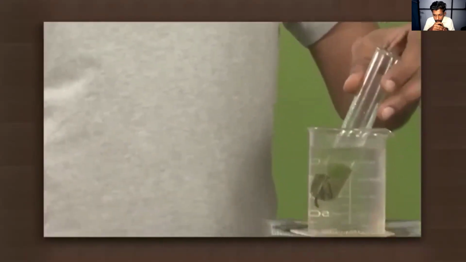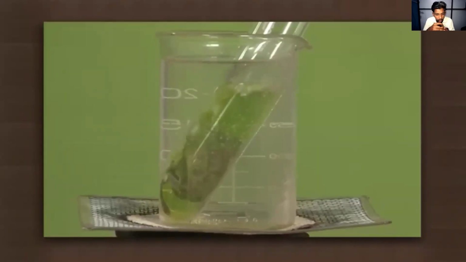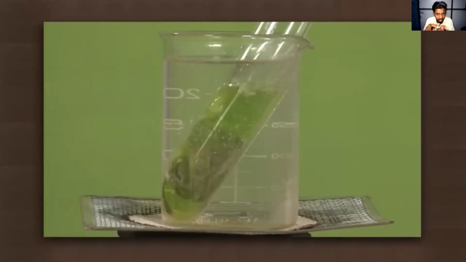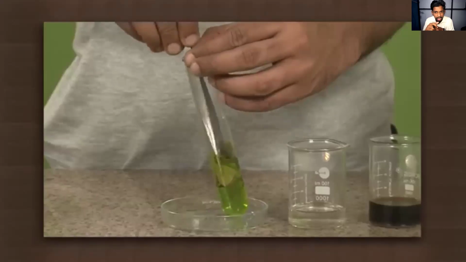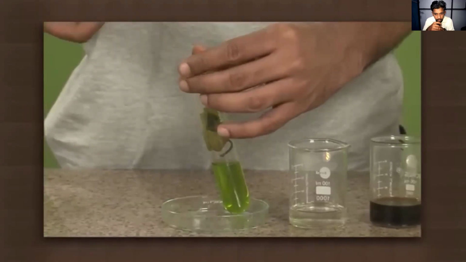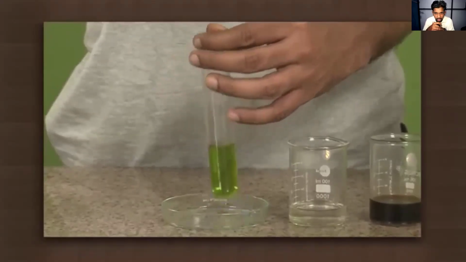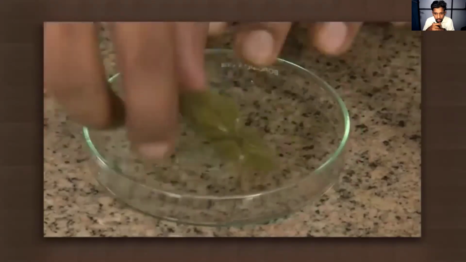Now keep the test tube in the boiling water. Observe the color. Here you can observe the color change: the alcohol is turning green, because all the chlorophyll is dissolving in the alcohol. Now the leaf has turned a pale color.